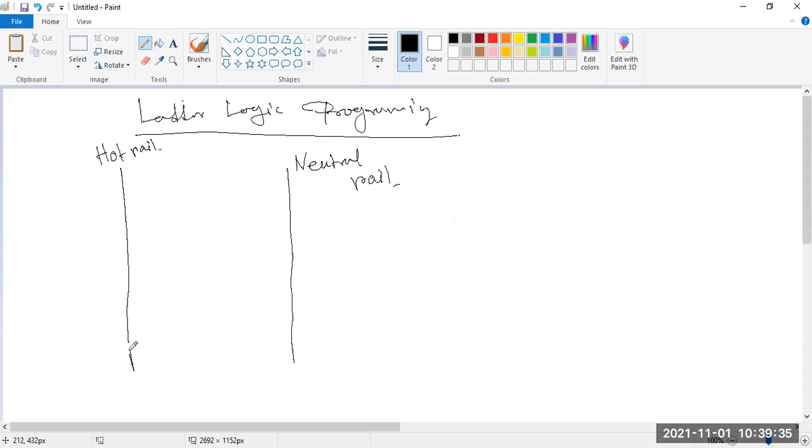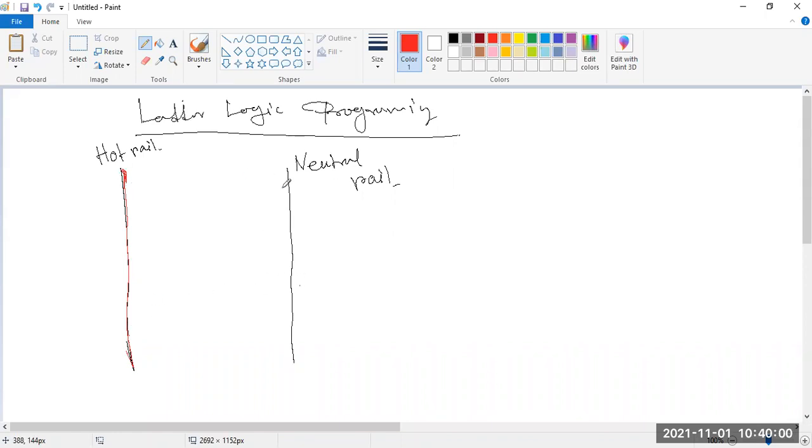Okay, this hot rail is actually analogous to your line. Line means your positive and negative, or in AC there is a positive and a neutral. This is your positive line and this is your neutral line. Okay, not negative, this is the neutral.